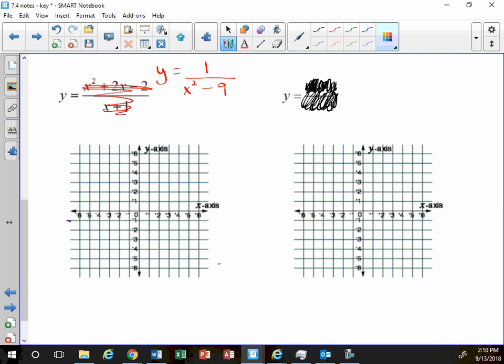Remember, write your asymptotes as equations. Vertical one is x equals. Horizontal one is y equals.